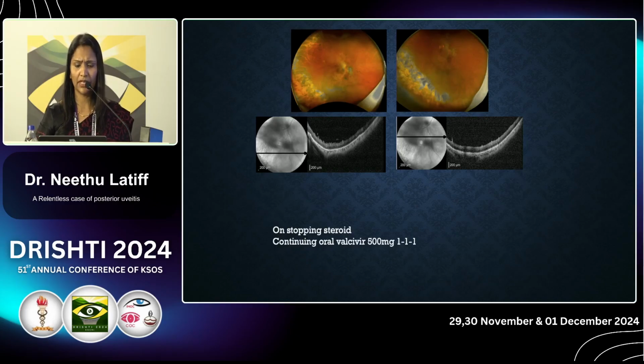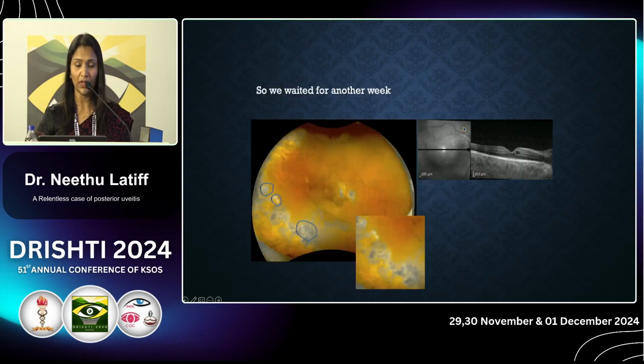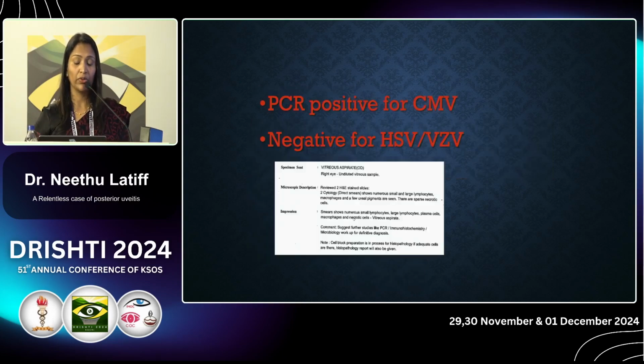On stopping steroid, surprisingly, the peripapillary lesion resolved on its own. So we waited for another week, and then she came with a flare-up. And at this point, when I saw the lesions in the periphery, I felt like it was a peripheral serpiginous-like choroiditis appearance, not sure. So we did the PCR.